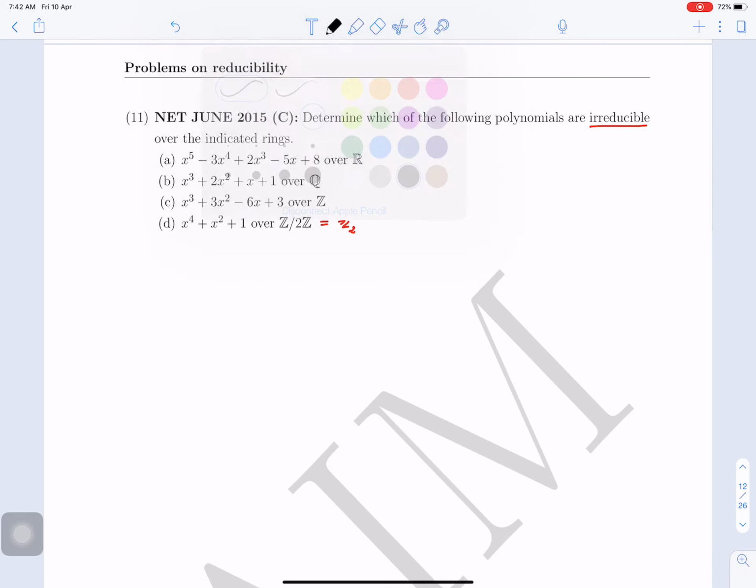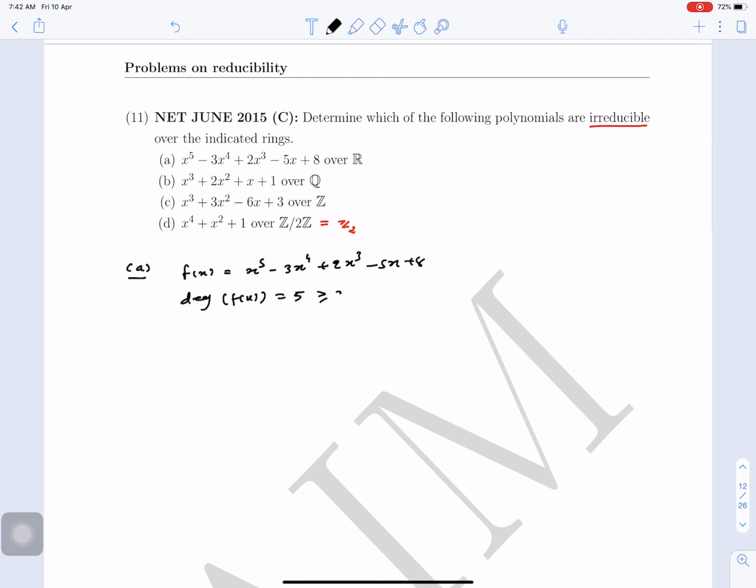So if we look at option A, then f(x) is x raised to 5 minus 3x raised to 4 plus 2x cube minus 5x plus 8, and degree of f(x) is equal to 5, which is greater than or equal to 3.